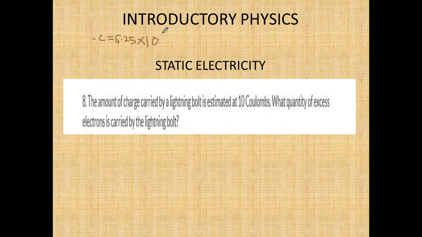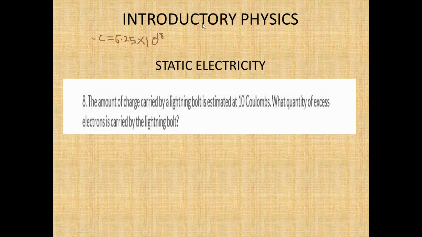So if an object has a charge of minus 1 coulomb, it has an excess amount of electrons of 6.25 times 10 to the power 18.